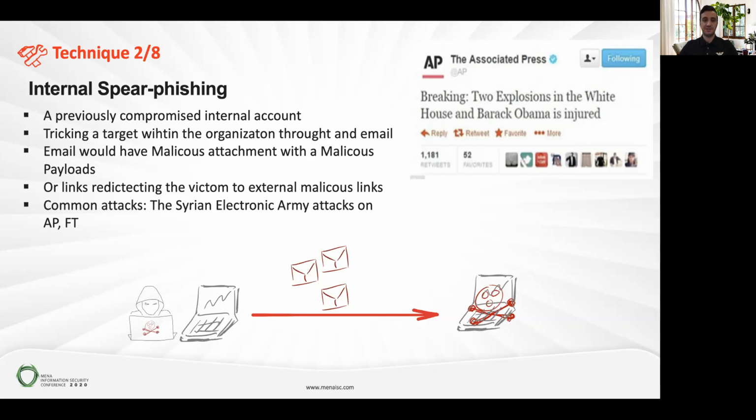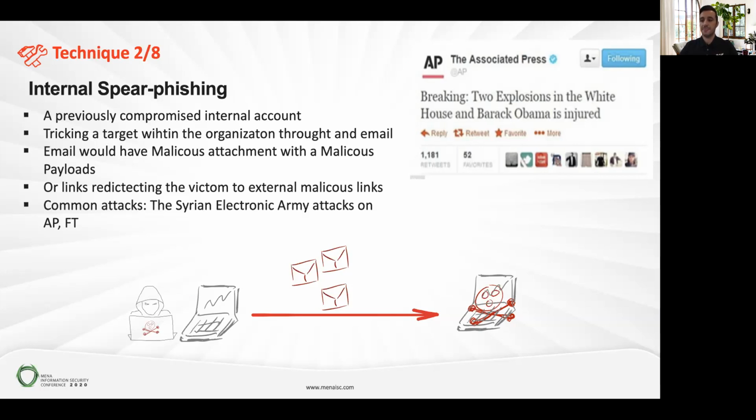So we can see that a lot of incidents have been noticed. Those incidents and attacks used this specific technique. One of them is when the Syrian Electronic Army, SEA, compromised email accounts of Associated Press News Corporation to steal account credentials.